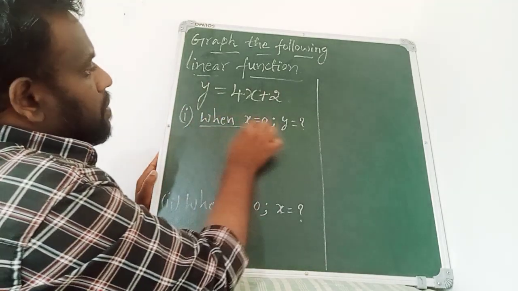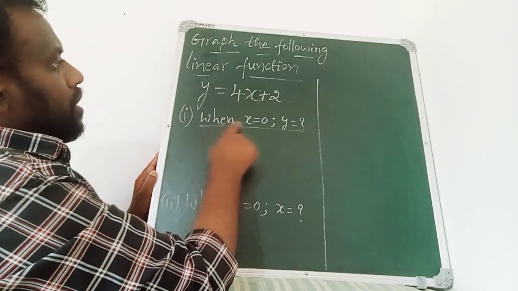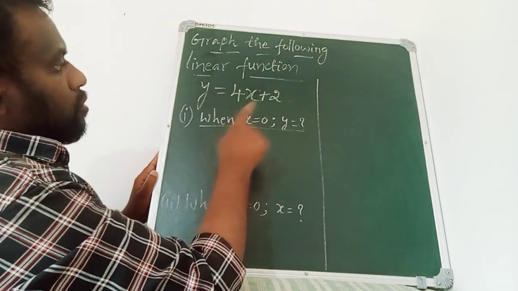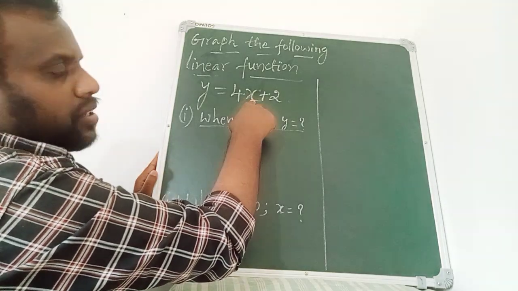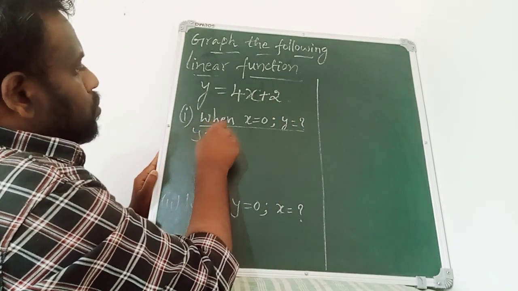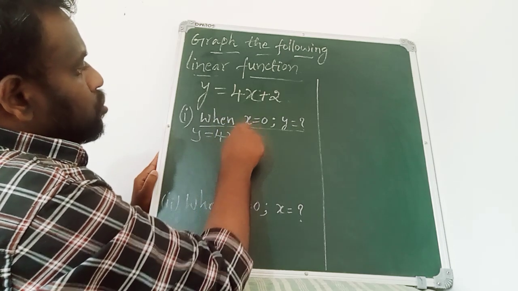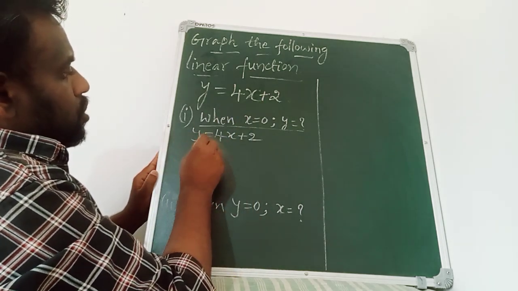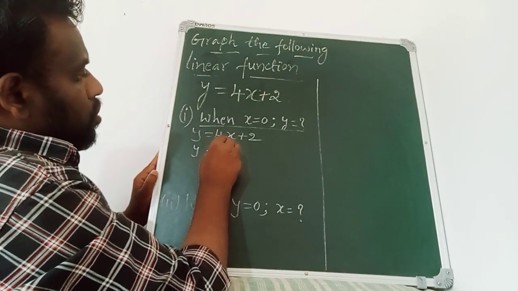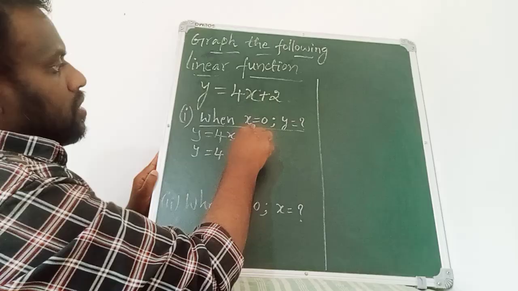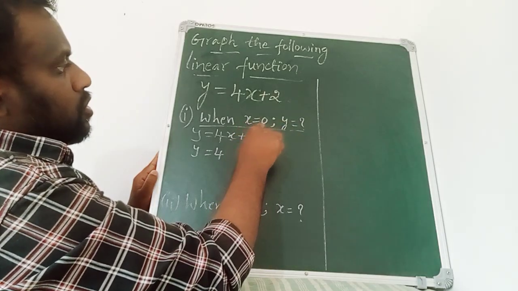So first case I will consider this. When x is equal to 0, y is equal to what? So we have to substitute x is equal to 0 here. First I will write this equation. So y is equal to 4x plus 2. Next step, y is equal to, write 4 as it is. In place of x we have to substitute 0 because we want y when x is equal to 0.